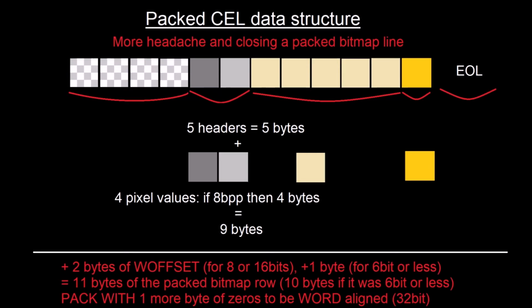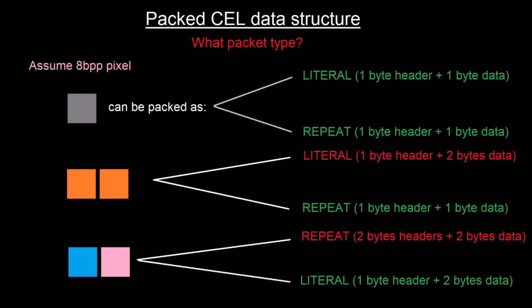It's not like the CEL engine will pack it for you. So depending on the series of pixels, there might be different decisions on how to pack the data, and there might be something that looks more optimal, but ends up not being. And I think my engine is trying to look at some of these cases, but maybe it's not perfect.